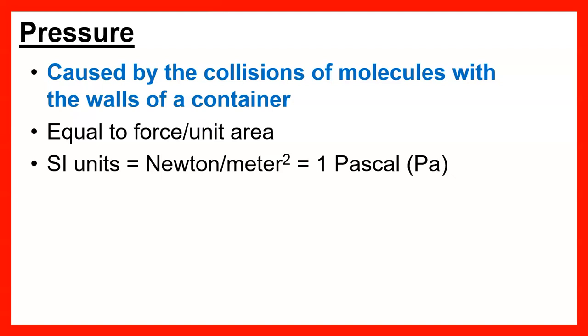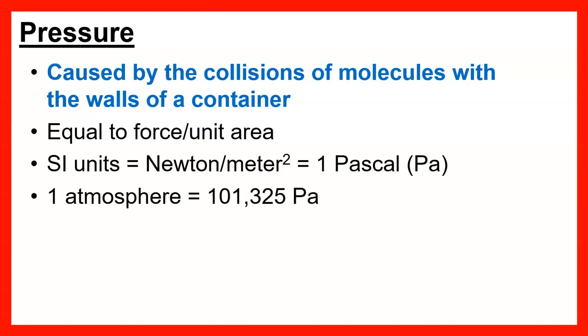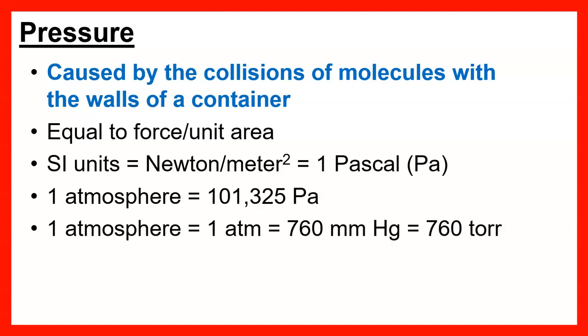The official SI units are newtons per meter squared. That probably isn't familiar to you. That's more like what they would use maybe in a physics class. We often use things like pascals or atmospheres, millimeters of mercury, torr, kilopascals.